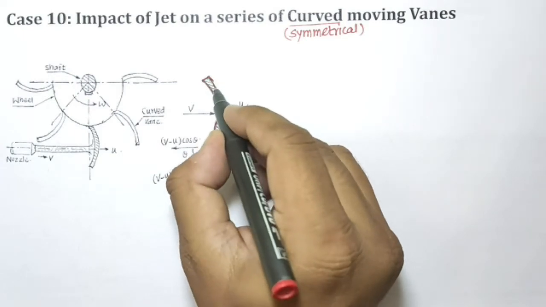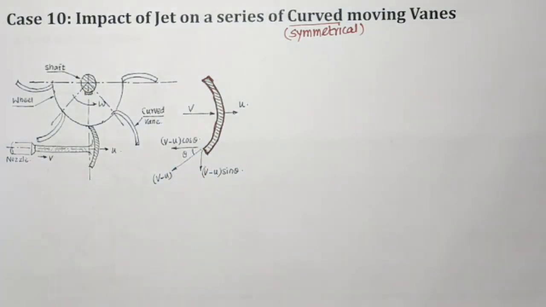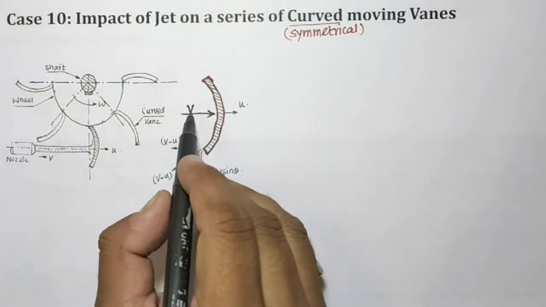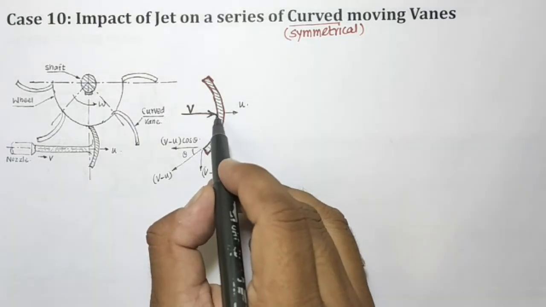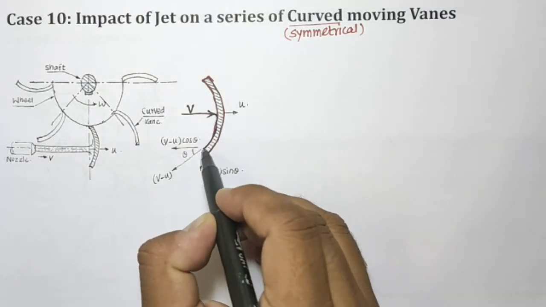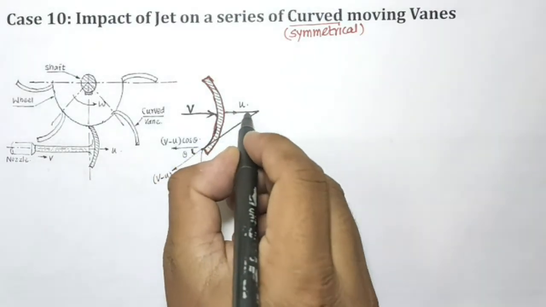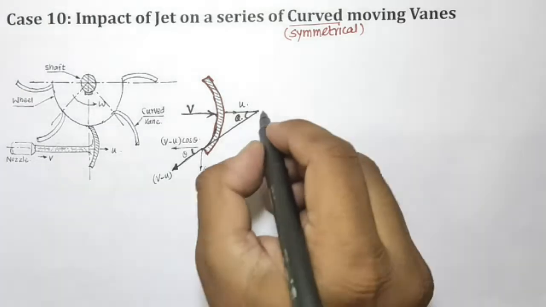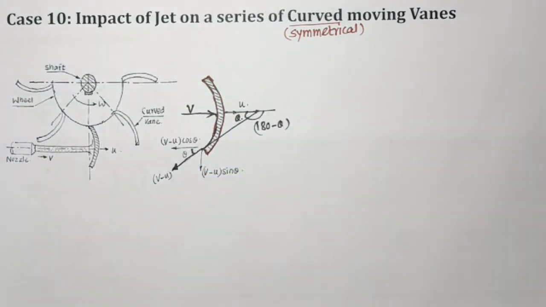The jet with velocity v strikes at the center of this vane, and after striking it deviates through an angle. Here theta is the exit angle of the vane, so the jet deviates through an angle of 180 minus theta, the angle of deviation.